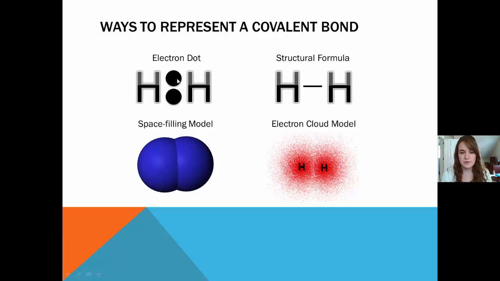There are those two. A structural formula, we use a line to represent a single bond. Space filling model, this is how we would assume the atoms are actually fused together and attached. The electron cloud model uses that generation of possible locations an electron could be to show where they overlap.